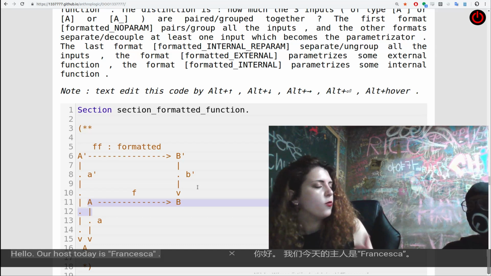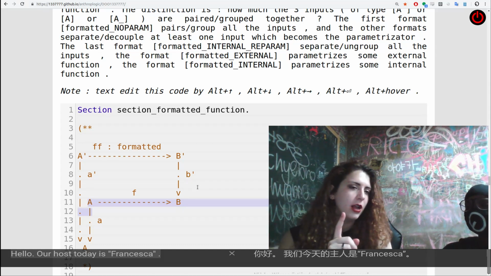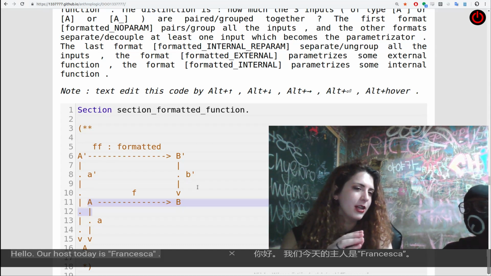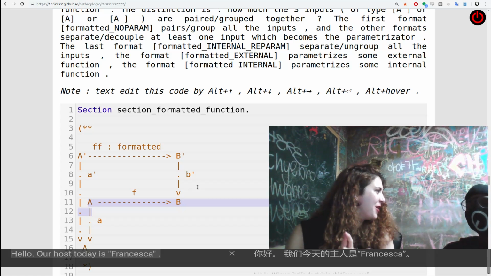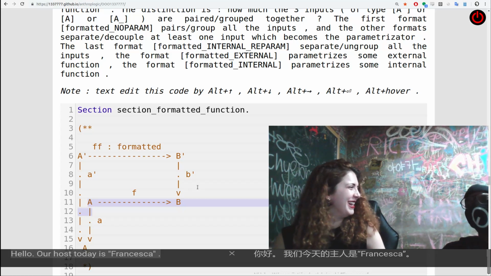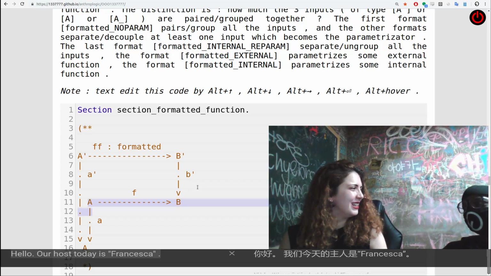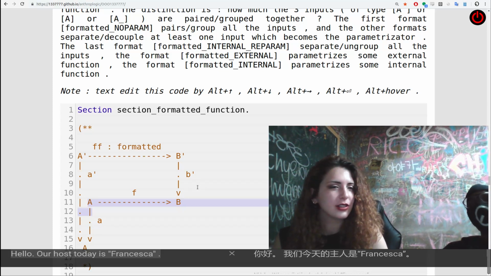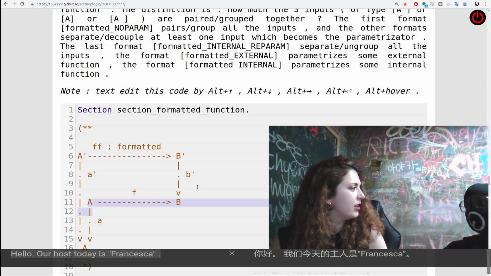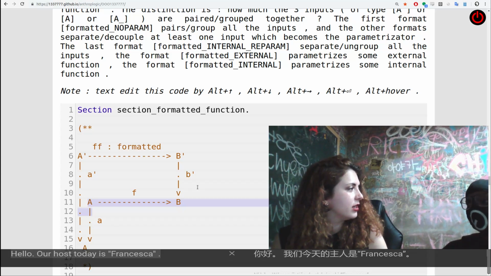But can I ask you one question? Why? Well, because that's exactly how computers work. Even at the highest level of computers, it's exactly about this, about how you arrange input.